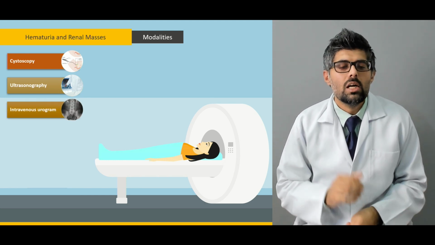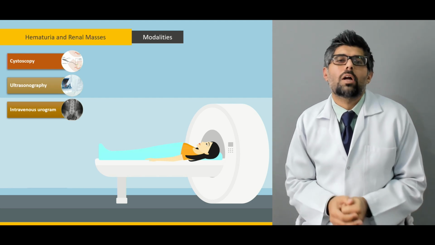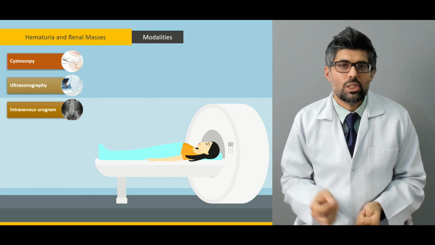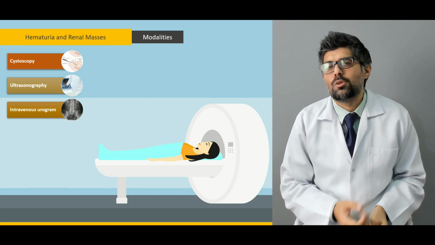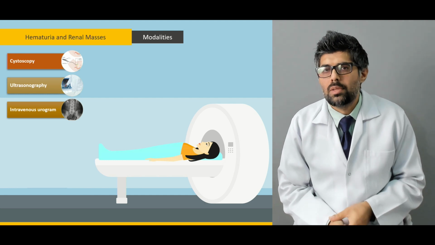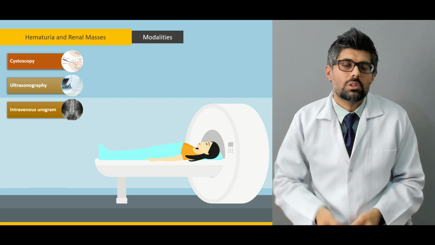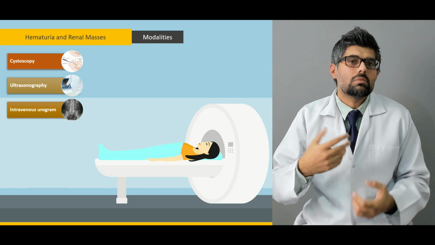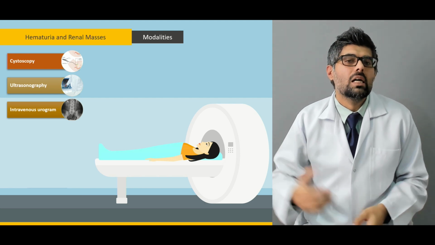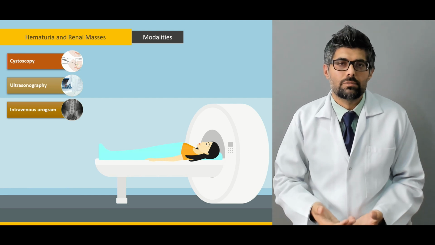Next, we have the intravenous urogram. The intravenous urogram is the imaging of choice in case of hematuria or renal masses, in which contrast material is introduced, and then that contrast media is examined through a series of radiographs.